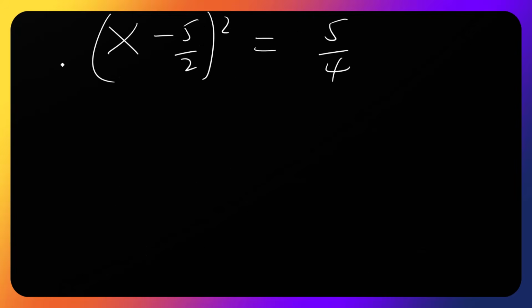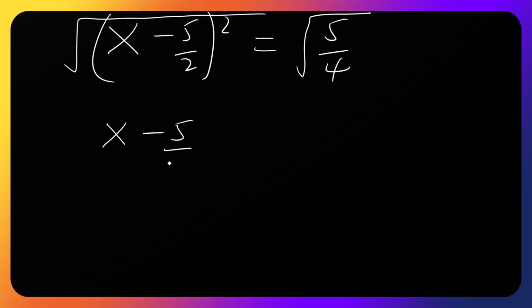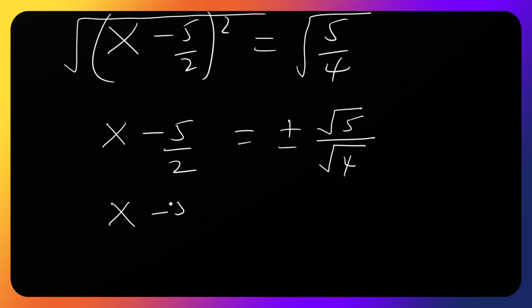So from here we can take the square root. This side will be x minus 5 on 2 equals plus or minus. We can write this one as square root of 5 on square root of 4. So x minus 5 on 2 is the same as plus or minus square root of 5 on 2.